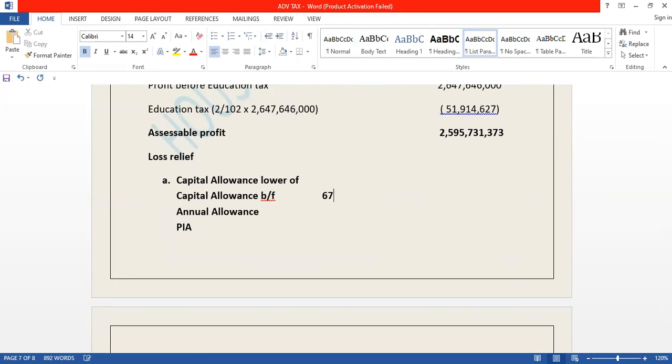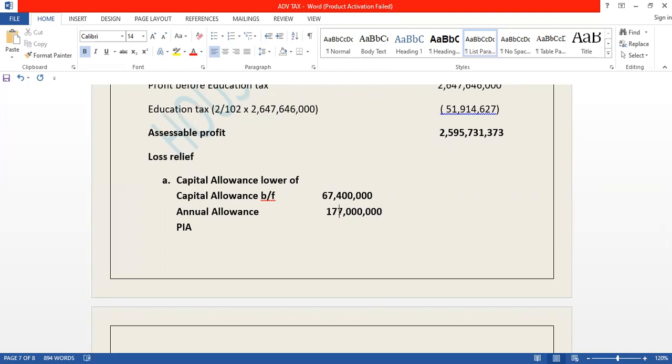So we have 67,400 based on that question. Then I think the other one is 177, if I'm right. Agreed allowance is 400, 117,000.